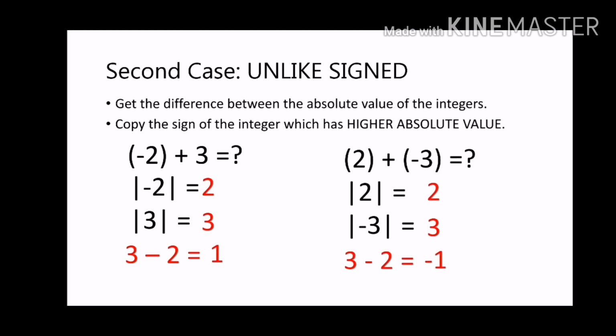Why negative 1? Since negative 3 has the higher absolute value, which is 3, compared to the absolute value of positive 2, we will follow the sign of negative 3, which is negative. So the final answer will be negative 1.